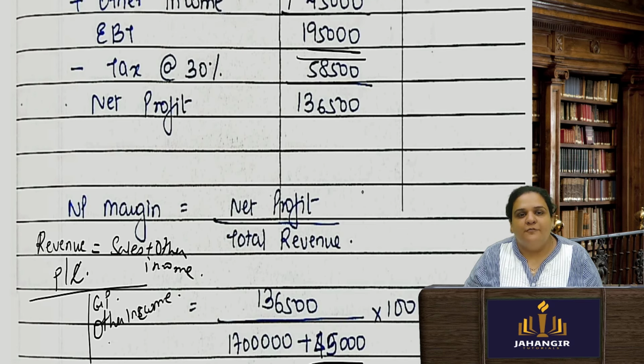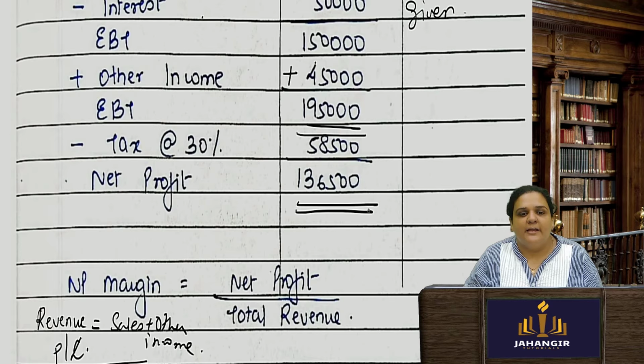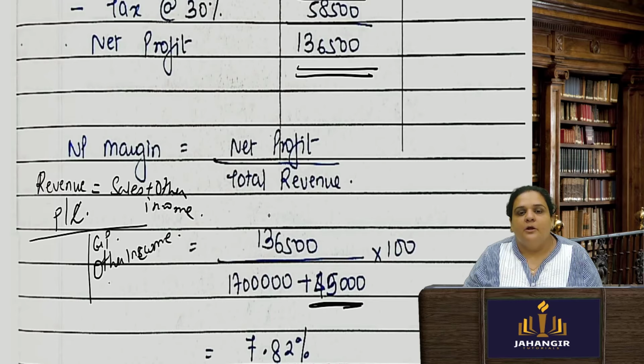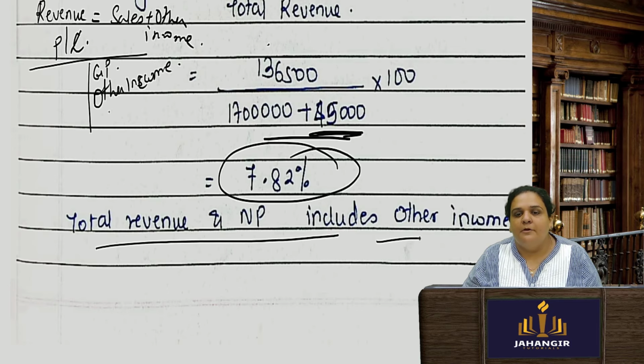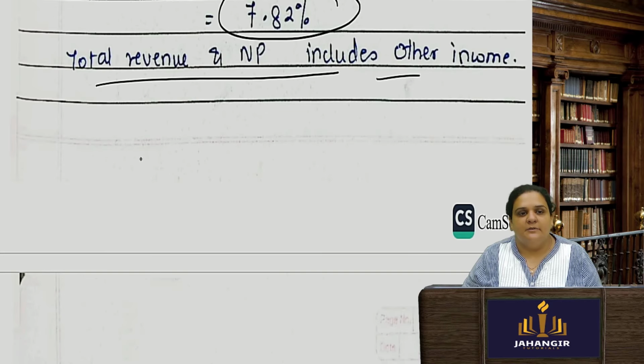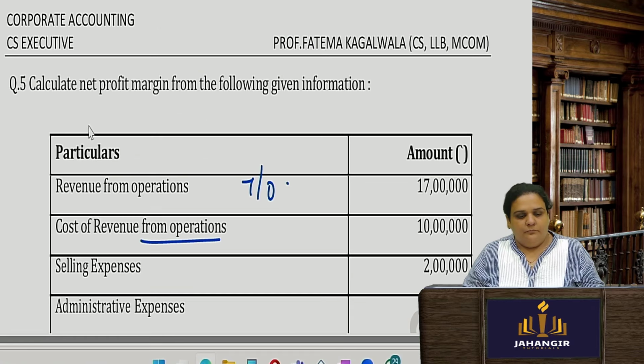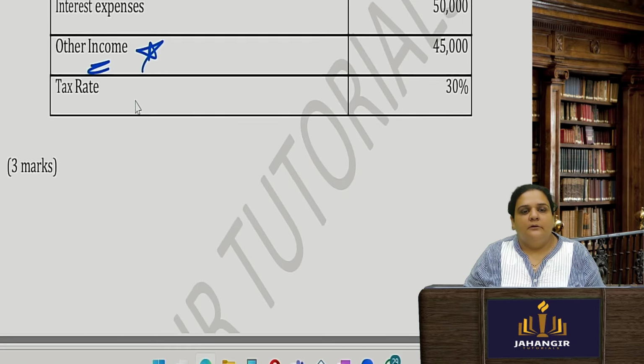So net profit is 1,36,500 after tax, upon total revenue, which will be 17 lakhs plus 45,000. Okay, so 7.82%. Total revenue and net profit both include other income. This is given in your guideline answers with the note. Okay. Next.